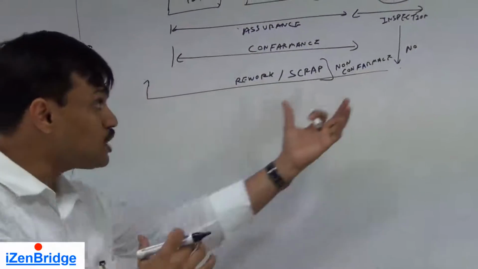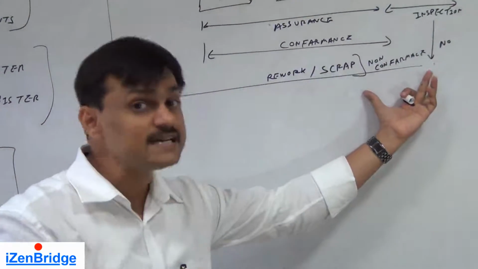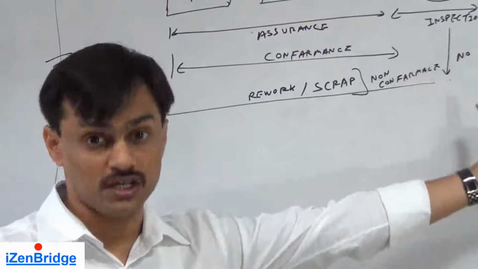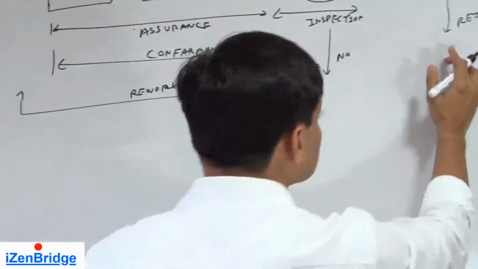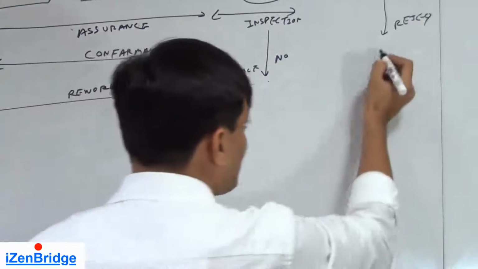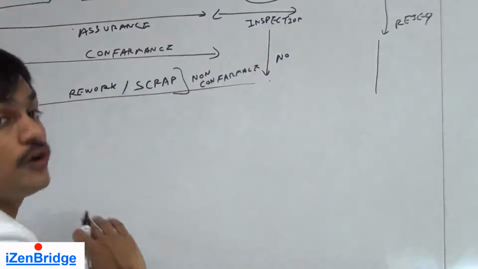Now this was a non-conformance cost of internal in nature, because we have identified it before giving it to the customer. If the customer rejects it or feels unhappy about it, then we get an external non-conformance cost.